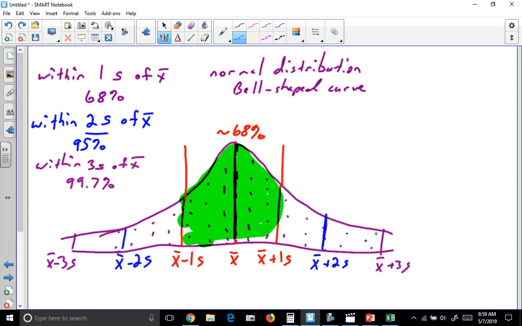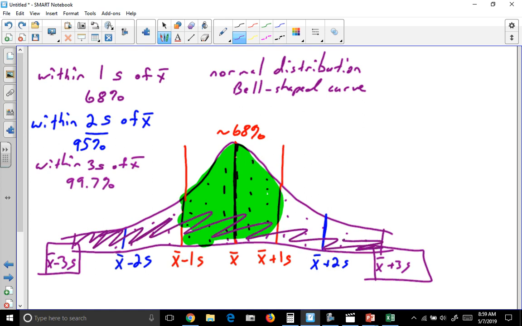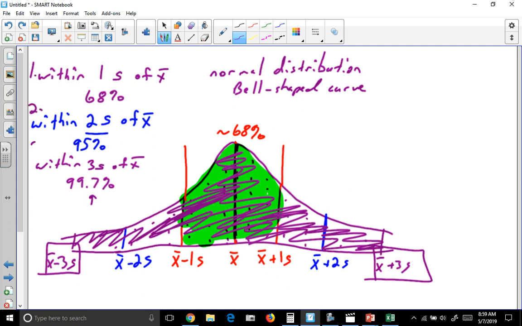So by the time we get from three standard deviations above to three standard deviations below, that pretty much encompasses all of our data. Now, occasionally there are some values out of that window, 0.3%, but that's going to be something that is an exception, something that is an outlier. So that's what we mean by a normal distribution. It has to meet each of the characteristics.